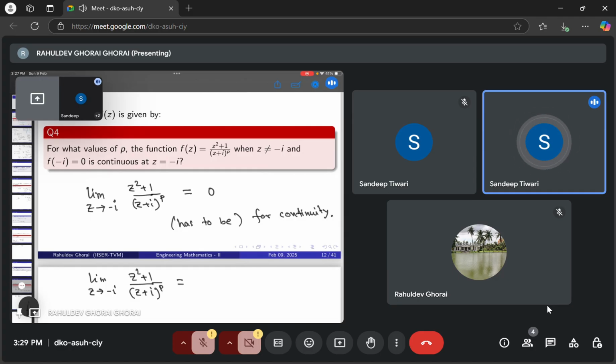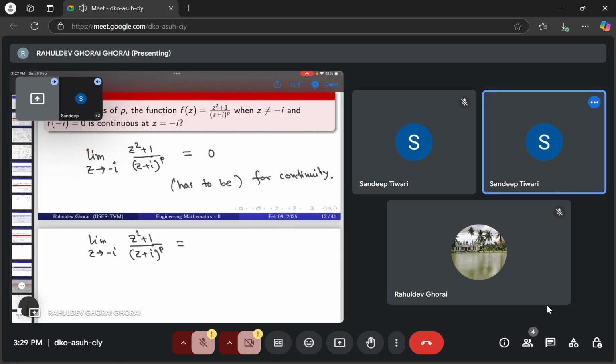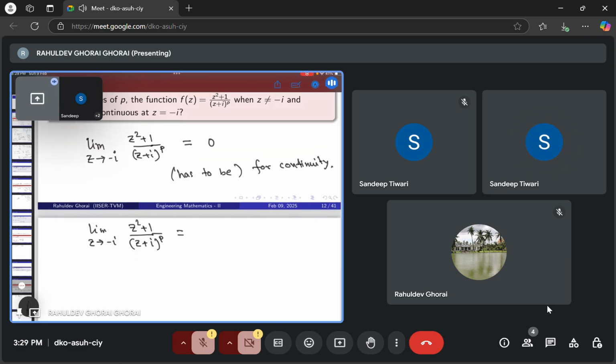So p less than 0 might work, but you can get a better p value. So the value of p might be better also, right? You just trivially put p less than 0, then z plus i will be above this z square plus 1, right? Yes, sir.